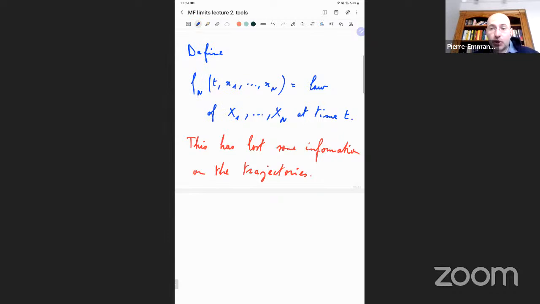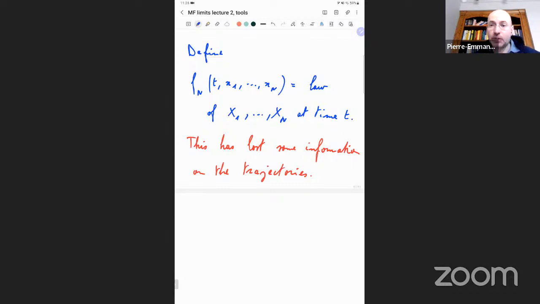And that's because if you really wanted the full law of a system, you should take the joint law of the trajectories and not the joint law of the positions, right? But again, that's what we want. We want a statistical distribution.